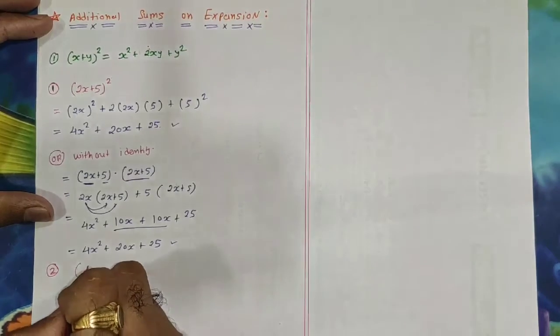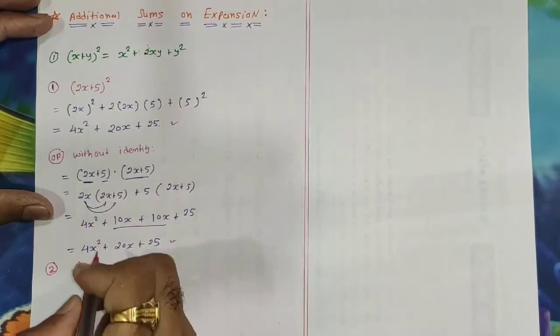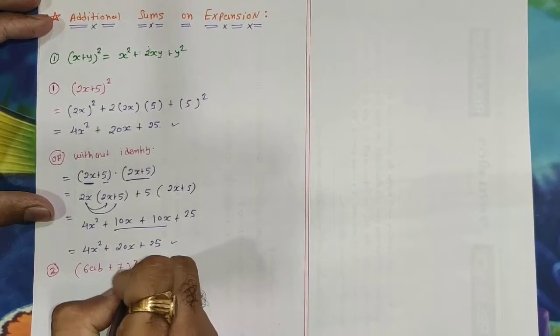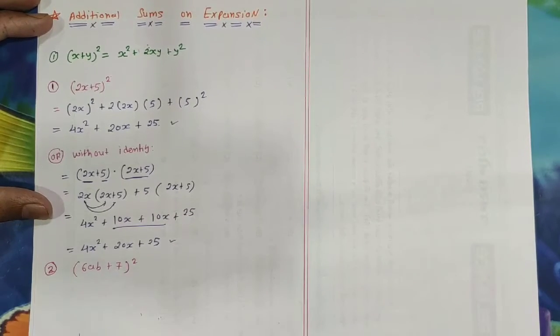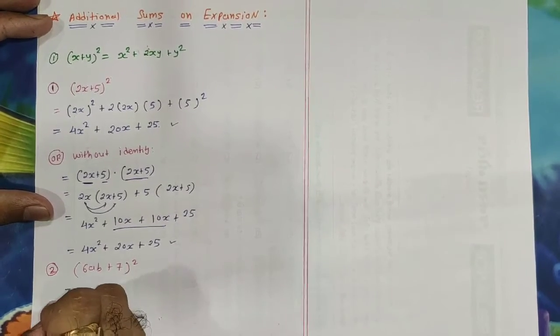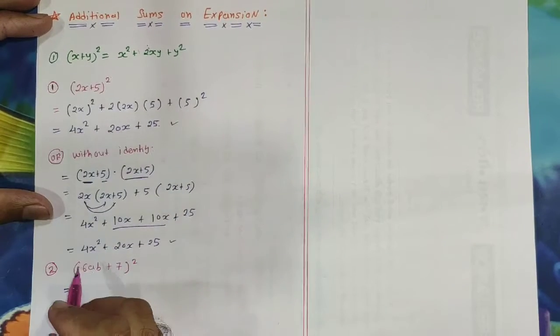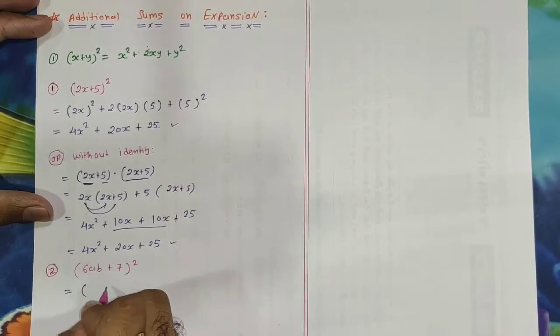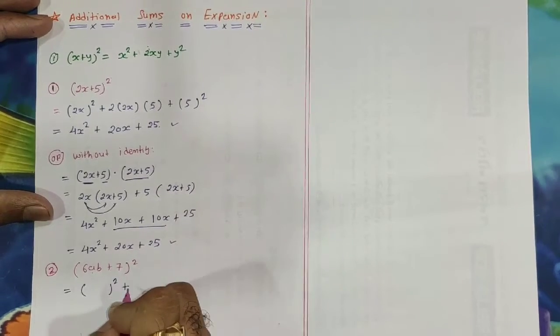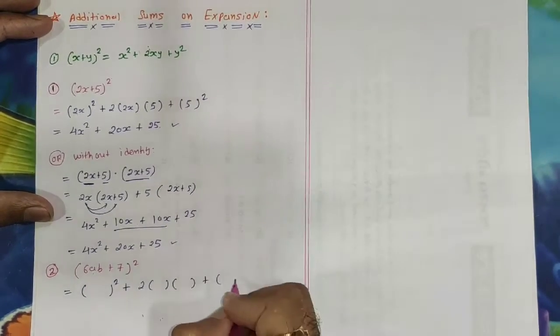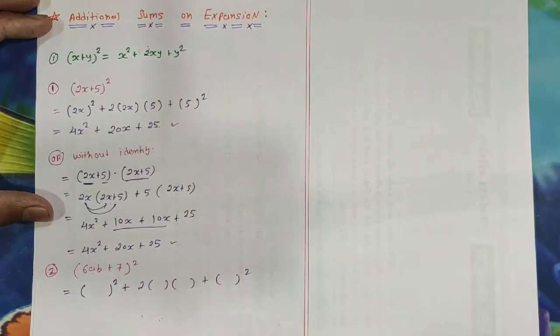Suppose we are given (6ab + 7) whole square. So what is the expansion? (x + y) whole square is the identity. So it's first term square plus 2 into first into second term plus second term square.